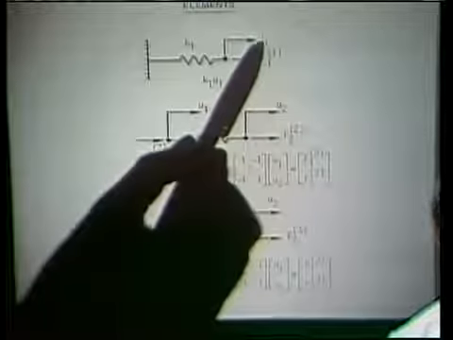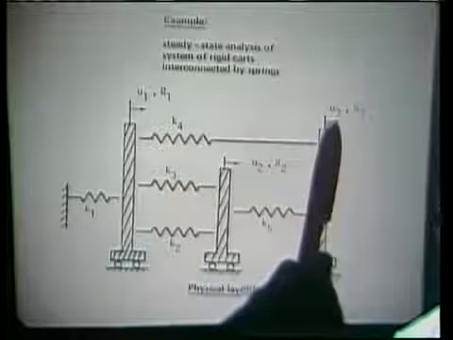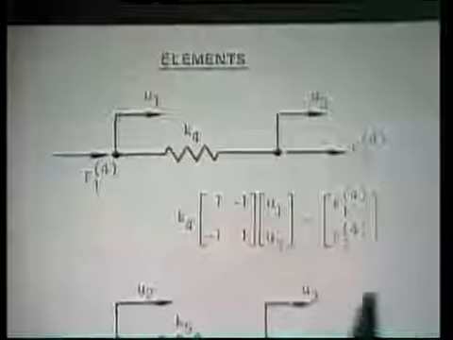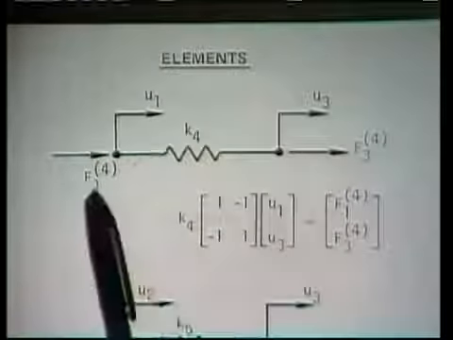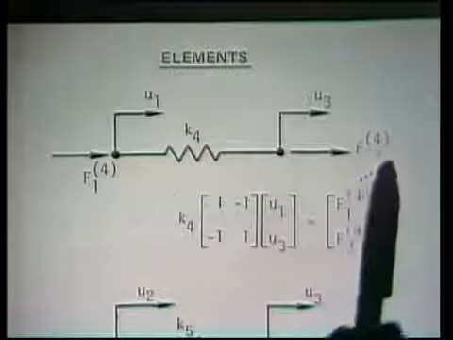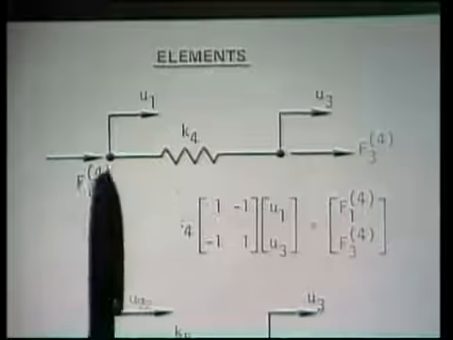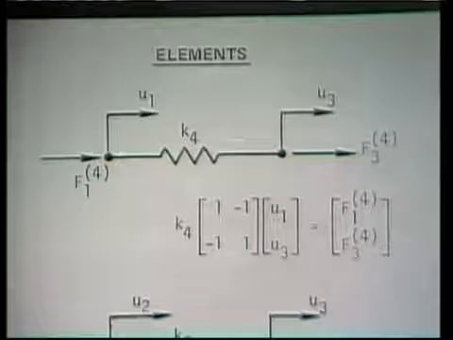That is the global displacement U1. And looking now at K4, a more complicated case, which is connected to U1 and U3, I have for that spring the U1 and U3 denoted here, and we have F1 and F3 here. So these are the forces that go directly into the degrees of freedom 1 and 3 respectively. And similarly for the other springs.